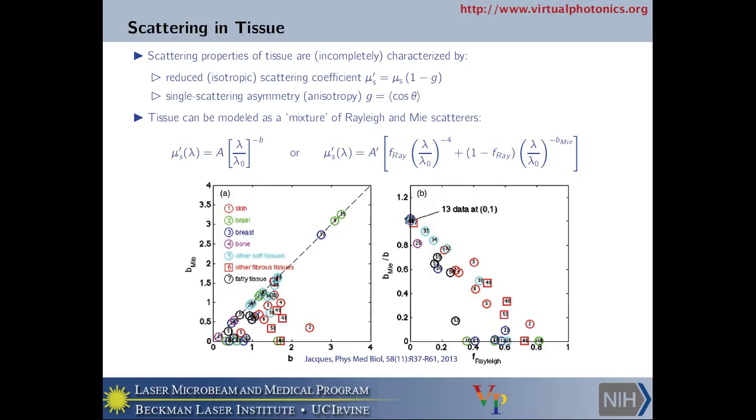As I understand, he had data characterizing the wavelength dependence of mu s prime over a large enough wavelength band, fit it to this functional form, and derived the fraction of Rayleigh. So it wasn't a rigorous measurement. It's a really nice paper, very rich with information on scattering properties.